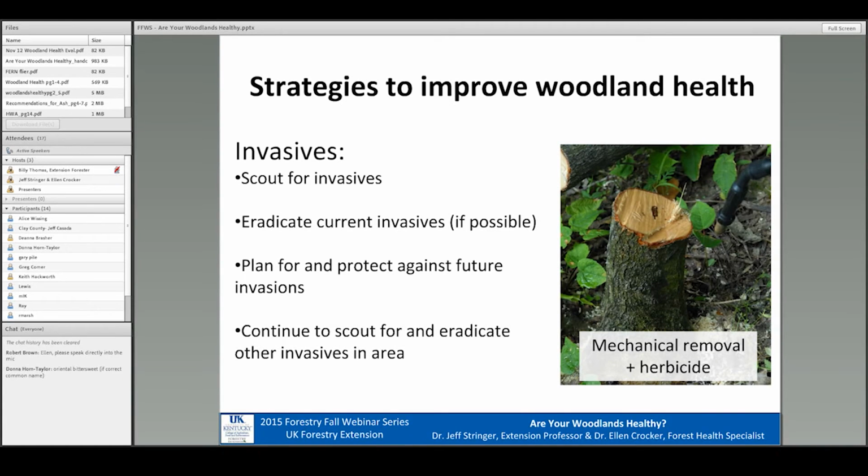So right now with emerald ash borer taking out a lot of ash trees, what many people are seeing is that as the canopy opens up, invasives in the understory are really taking off. So if you know that some disturbance is coming your way, be it an insect pest like emerald ash borer or a harvesting operation, plan ahead to make sure invasives don't take over after that.